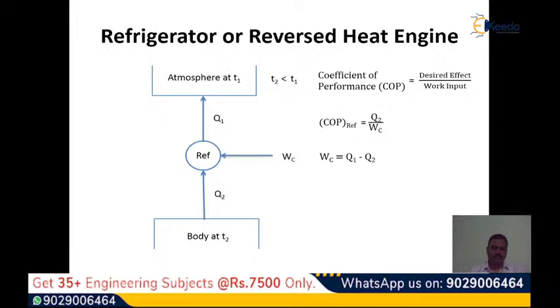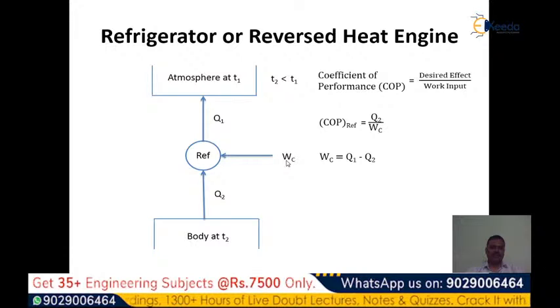Then WC is equal to Q1 minus Q2, and this can once again be obtained by doing an energy balance on this refrigerator. The sum of all the energies entering is equal to the sum of all the energies leaving. So here Q2 plus WC is equal to Q1.